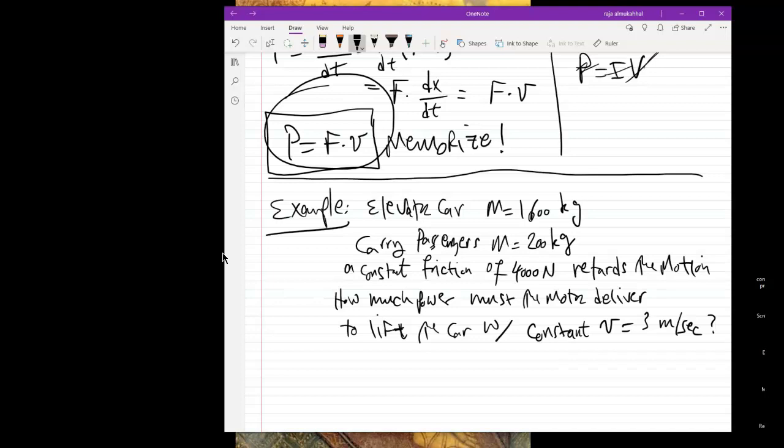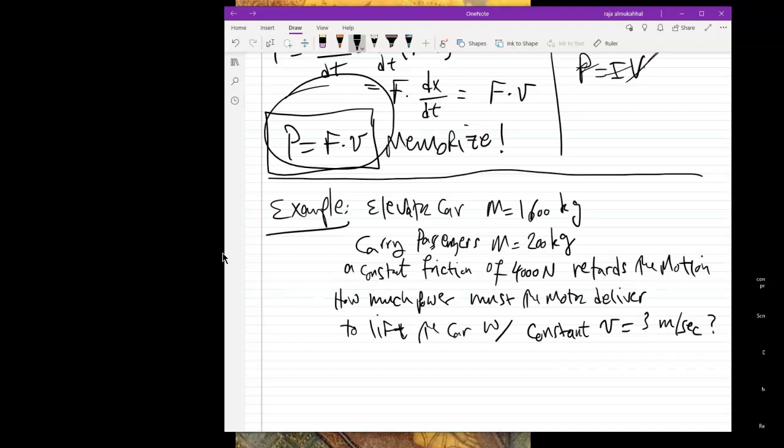Okay? So here you have an elevator that is suffering from friction. There is friction there as the elevator is going up the chute, whatever. And the mass of the elevator by itself, empty, is 1,600, 1.6 ton. And it's carrying, let's say, 2 passengers, 200 kilogram total. So you have a total of 1,800 kilogram.